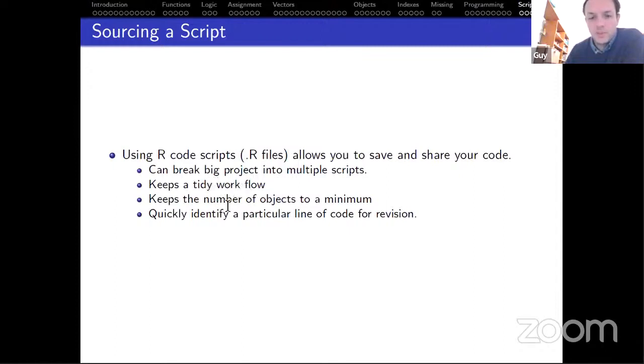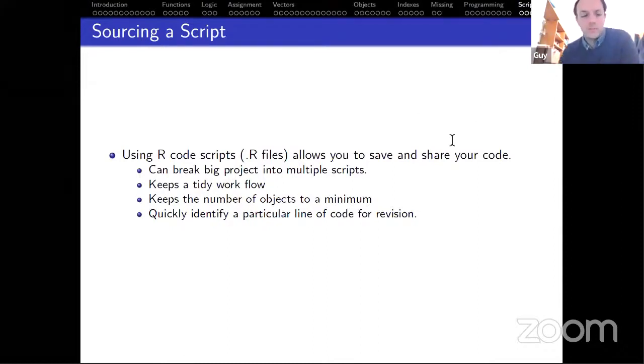It also means you won't get too many objects in your R environment, and you can quickly identify any errors or changes that need to be made, rather than having one long R script file. So it's always good to break it up.